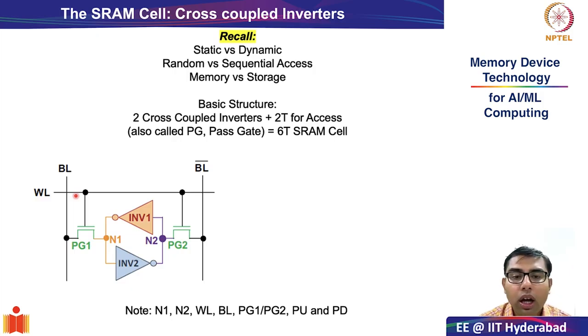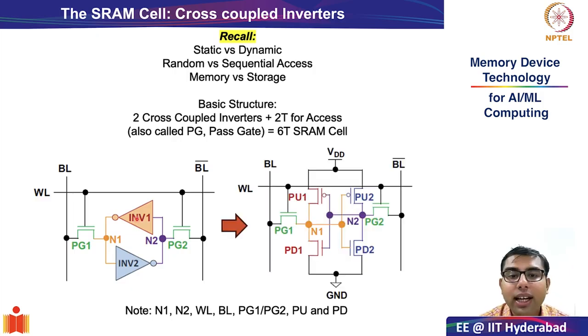Okay. It is also worthwhile to see the complete 6T rendition of the SRAM cell. The complete 6T rendition of the SRAM cell is as follows. Here what we have essentially done is the inverter 1 has been expanded to one pull-up transistor and one pull-down transistor.